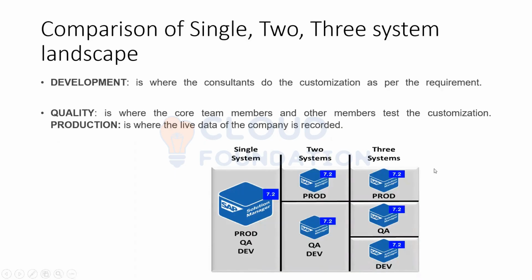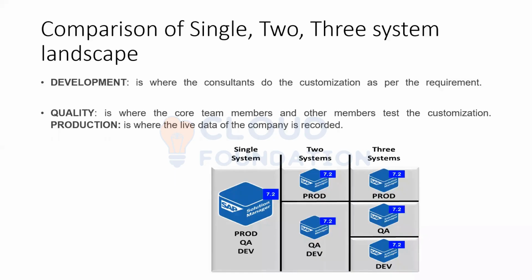Now three systems is a quite better way, because if I want to make some changes in development, I need not bother about production and quality. I will just bring down the development system, make whatever changes I want, and then bring the system up again.